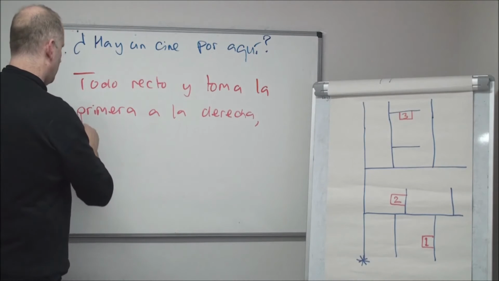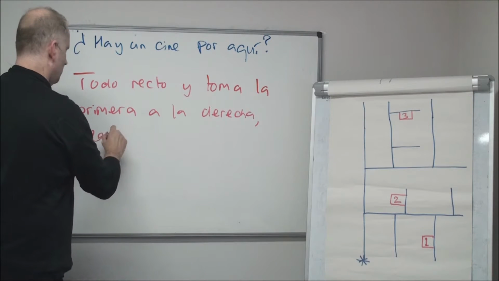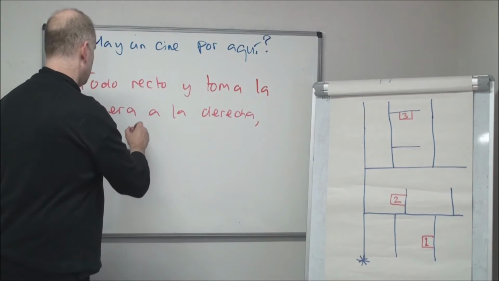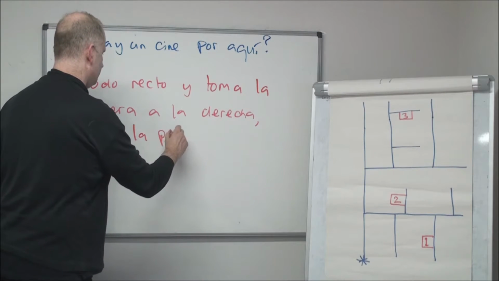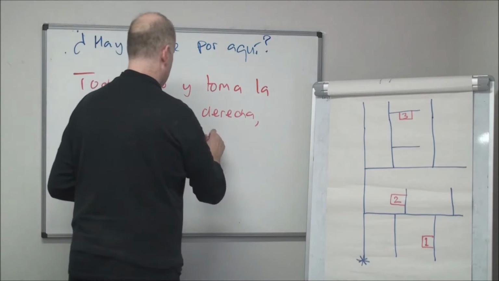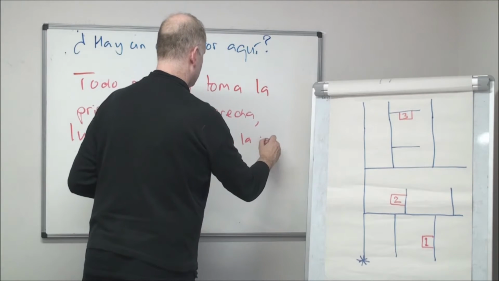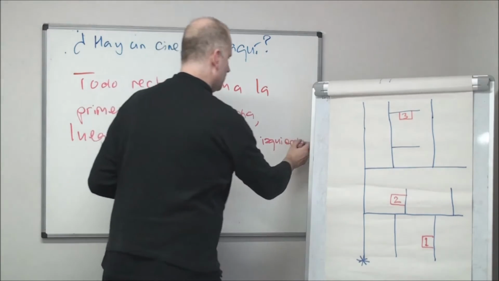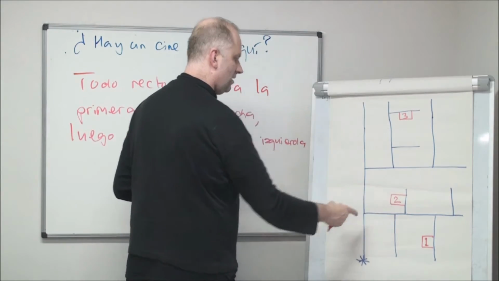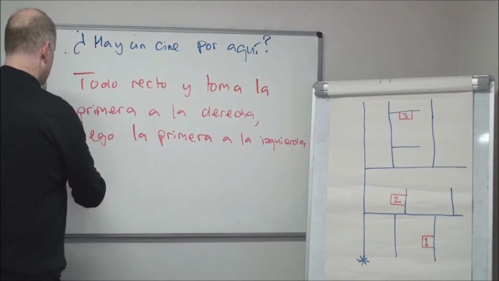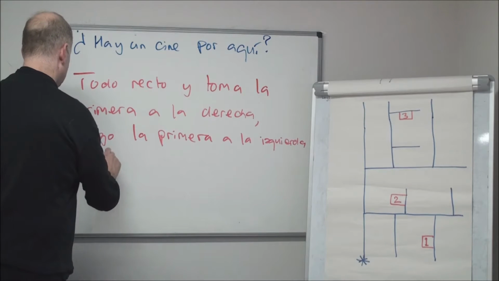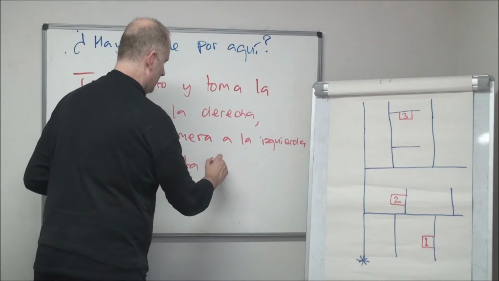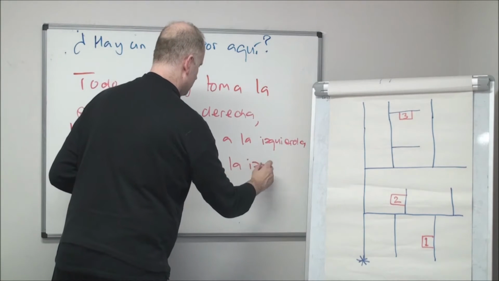Then, so luego, and then the first on the left, luego, la primera a la izquierda, and then you want to say, and the cinema is on the left. Y el cine está a la izquierda.